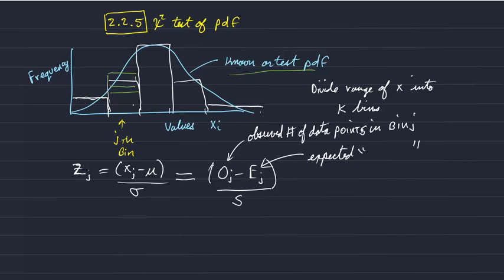So what is the expected number of points? Well, to calculate the expected number of points, we get that information from the known or tested PDF. So the expected number of points in bin j, E_j, is just equal to the total size of our sample, n, times the probability of bin j. So p_j is equal to the probability of x being in bin j.